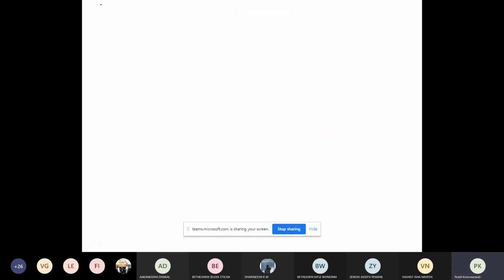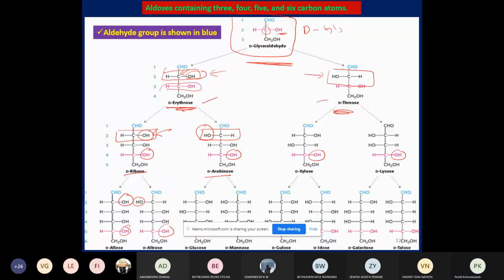As we know, we have the shortcut method: GET, Raxel, AA, GM, GI, GT. This you need to remember. From glyceraldehyde, erythrose to ribose and arabinose, ribose to allose and altrose, arabinose to glucose and mannose. So I want to write the structure of glucose.